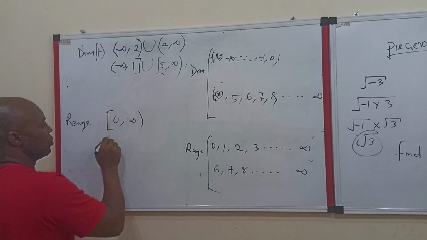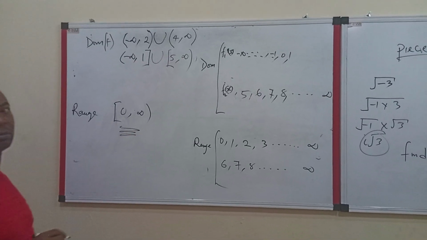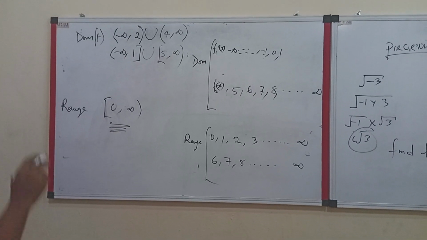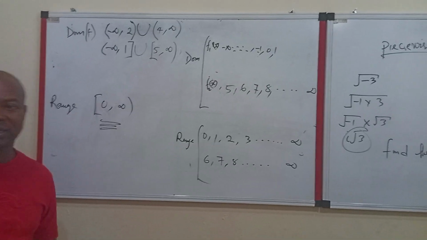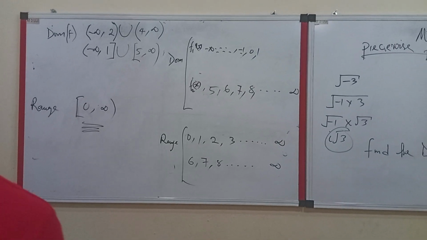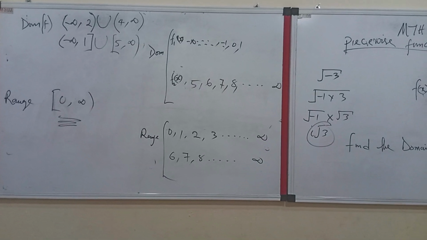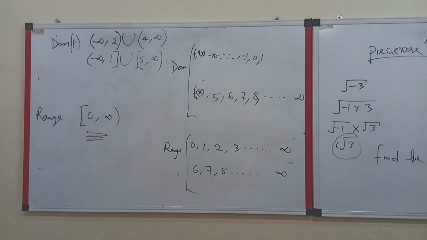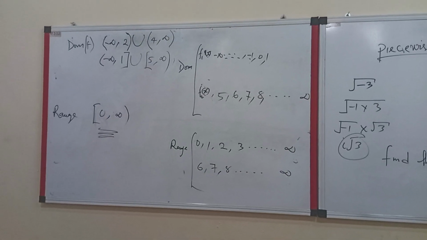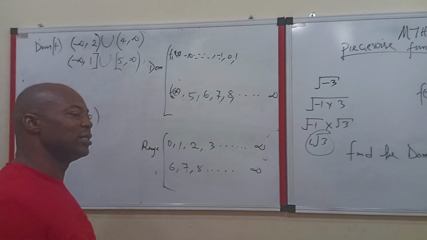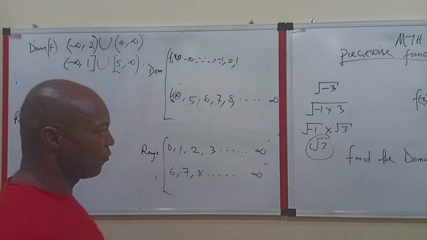Like this we will write that. So this one is the range of that function. With this piecewise function, we have learned how to determine the domain and the range of the function.